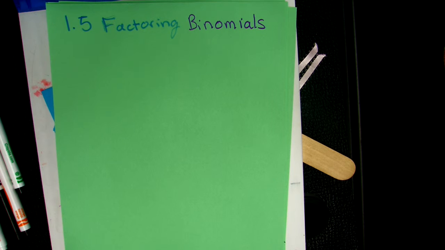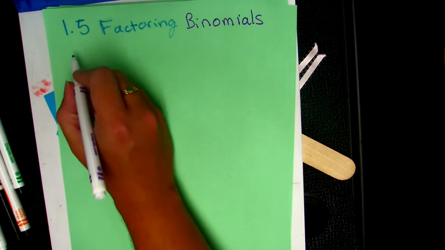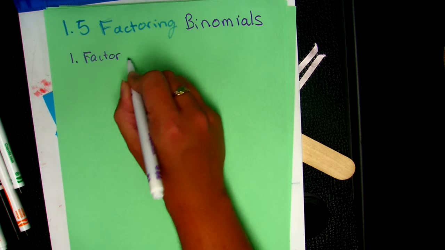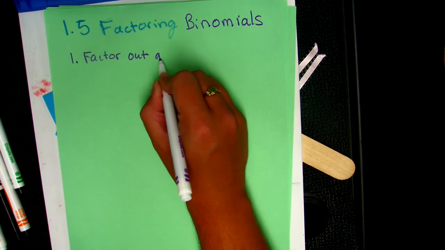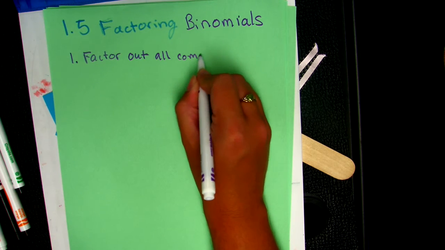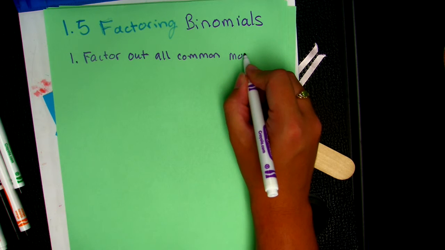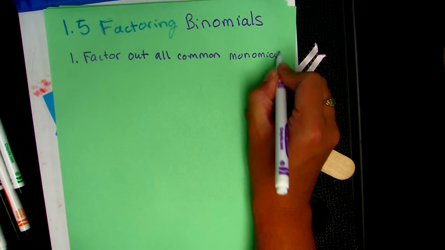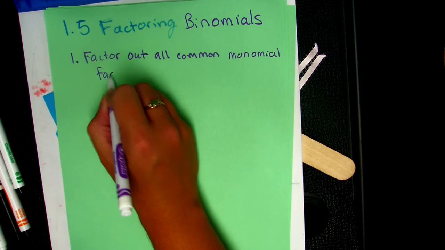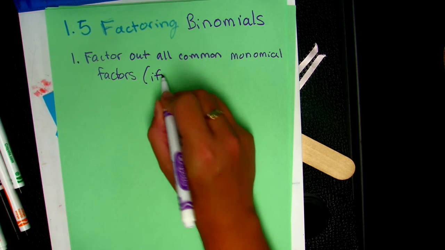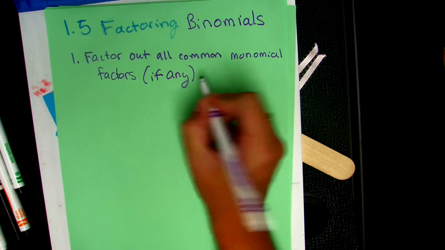Let's look at the basic steps for factoring binomials. So step 1, we want to factor out all common monomial factors. Sometimes you will have these and sometimes you won't, but if you do have any, you want to do that first.